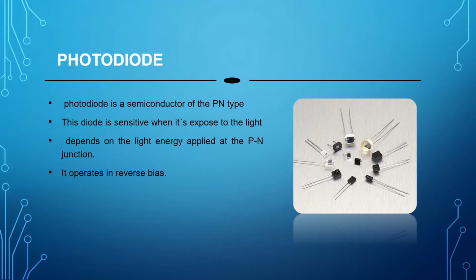In a photodiode, the current through it depends on the light energy applied to the PN junction. It operates through reverse bias. The diode is constructed in such a way that when light strikes the junction, it breaks the electron bonds and generates electrons, which increase the reverse leakage current.